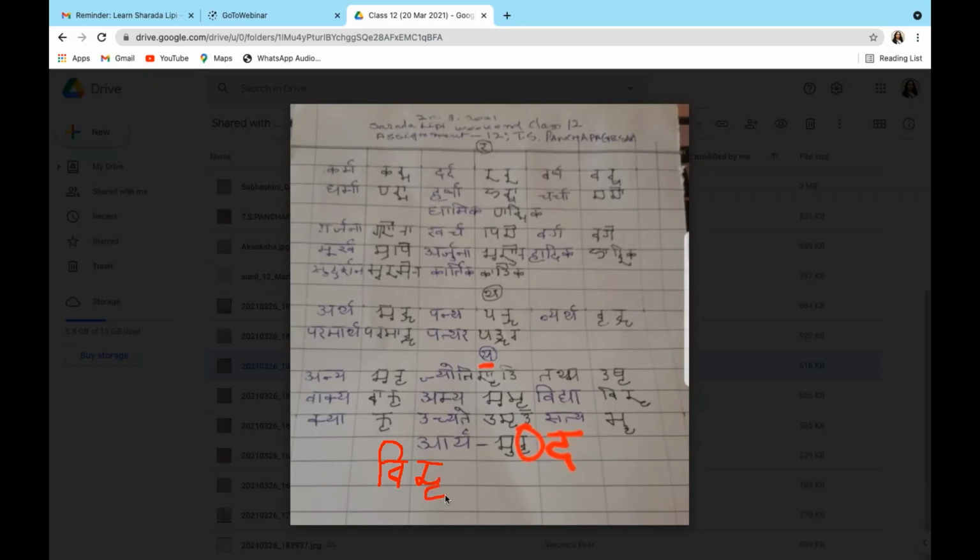Don't take it too far, so that it goes beyond the shirorekha or beyond the main letter, the framework of the letter. Just don't take it beyond that. Just try and write it below, and there is vidya. So that's one correction that is marked here. Rest, I think, all are correct.